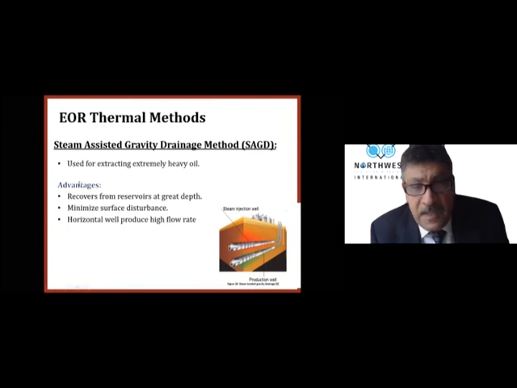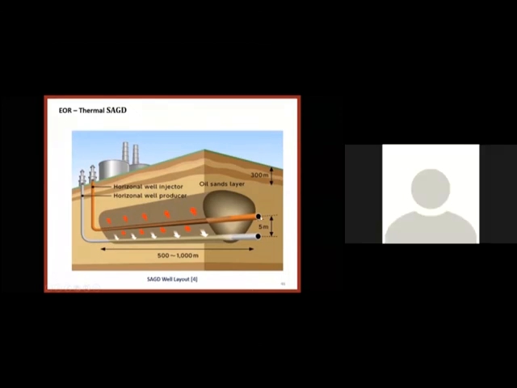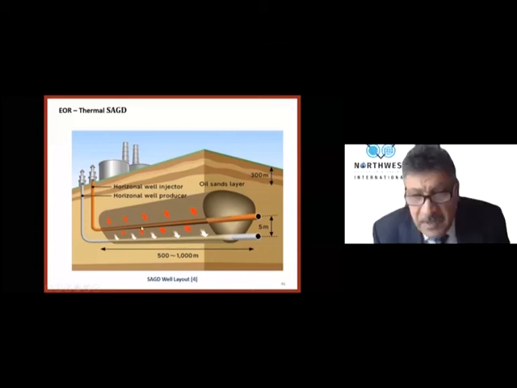Then we have what they call the SAGD, which is steam assisted gravity drainage. In this case, you have two wells. One of the wells will be a horizontal well, and you inject steam inside it. Maybe the length of that horizontal could be 1 kilometer. And there's another well underneath it, the producing well.